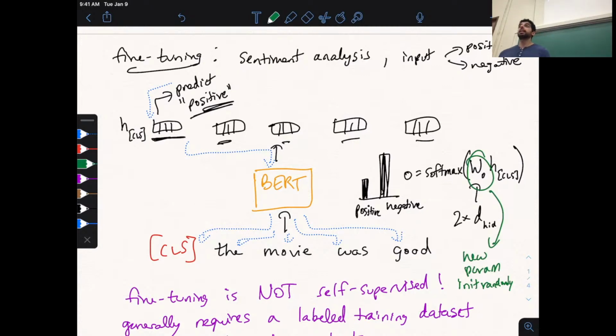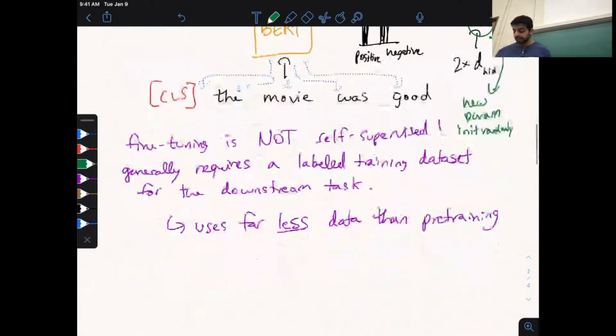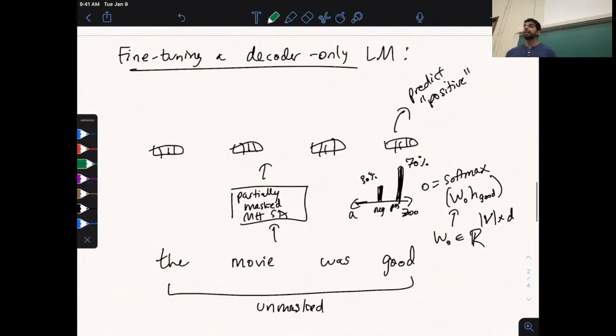So this parameter here never existed during pre-training. So during fine-tuning, we add this new W sub O matrix, and we randomly initialize it, but every other part of the model is initialized with the pre-trained BERT model, and then we do gradient descent on the result. In this case, it's a little different because we are actually using the same W sub O that the language model was pre-trained on, because we're treating this as a text generation problem.